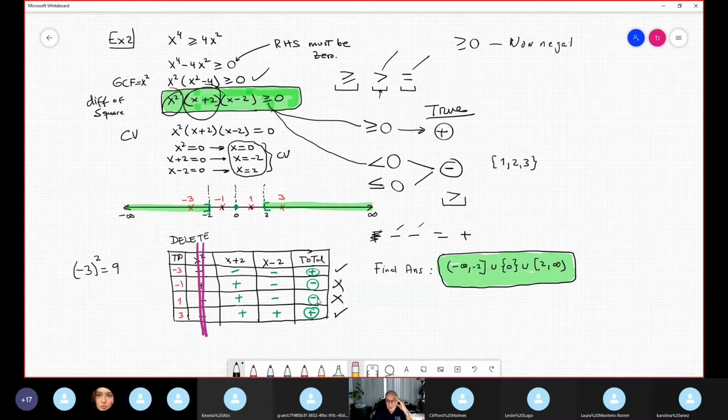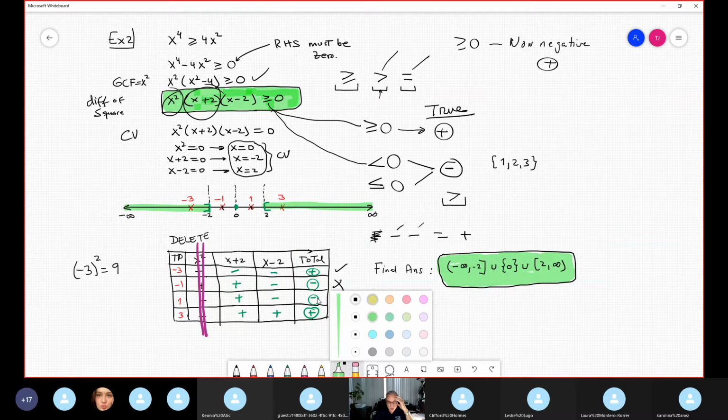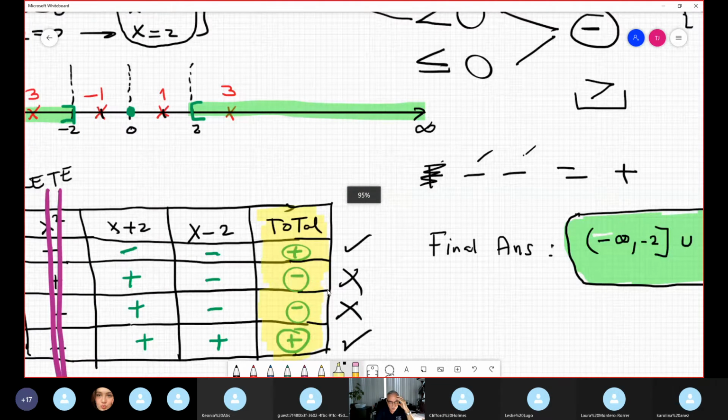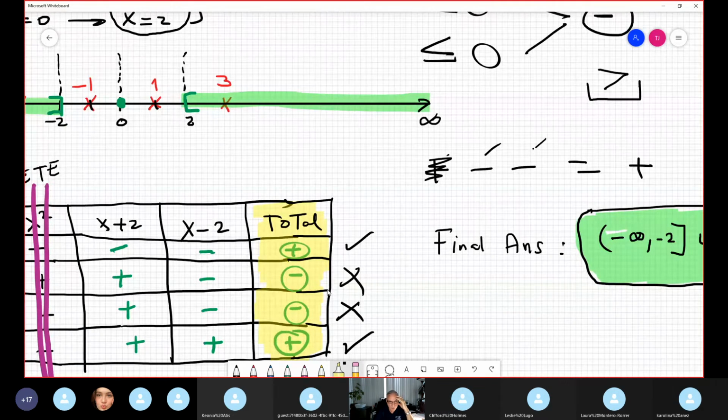And non-negative is closed. So in the total column, the last column, the most important column, maybe using another color, is the column where you see when it's positive. Do you understand where that positive comes from?